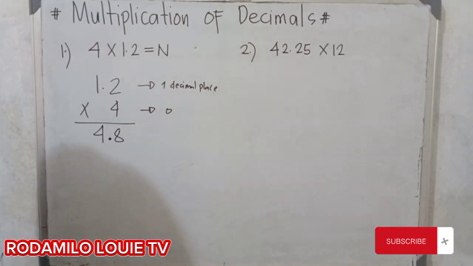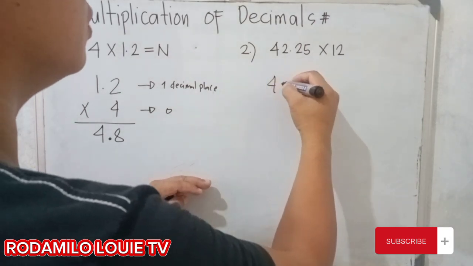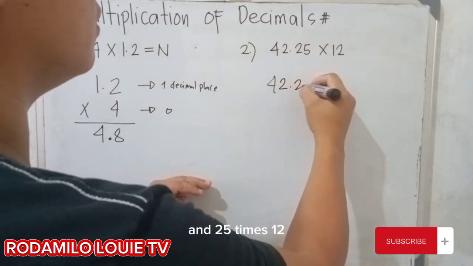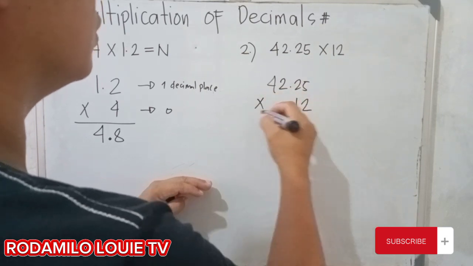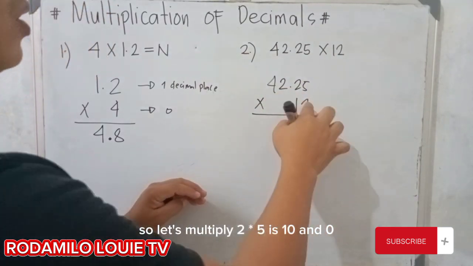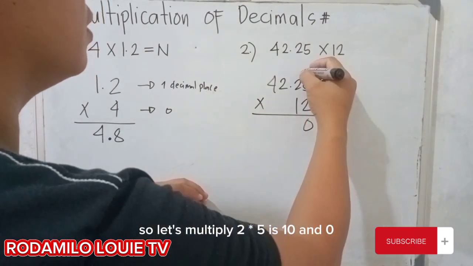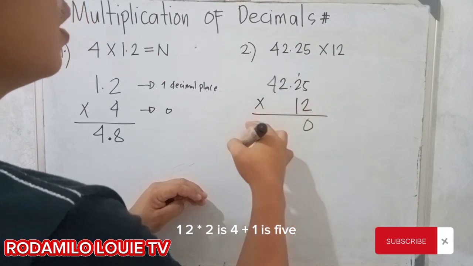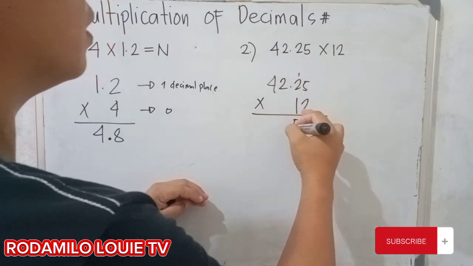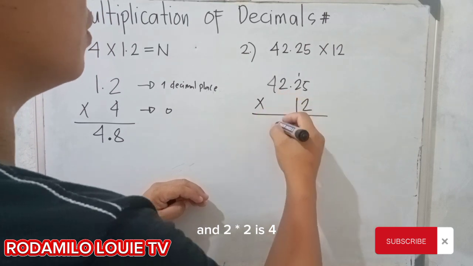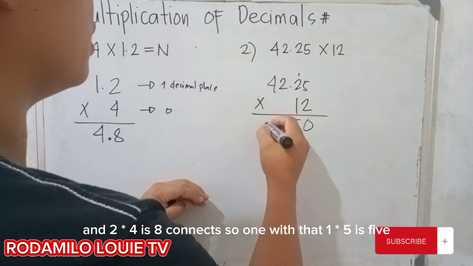Next is 42 and 25 hundredths times 12. So let's multiply. 2 times 5 is 10, bring down 0, carry 1. 2 times 2 is 4, plus 1 is 5, and 2 times 4 is 8.